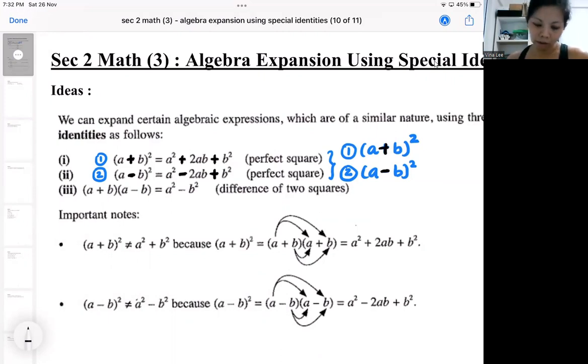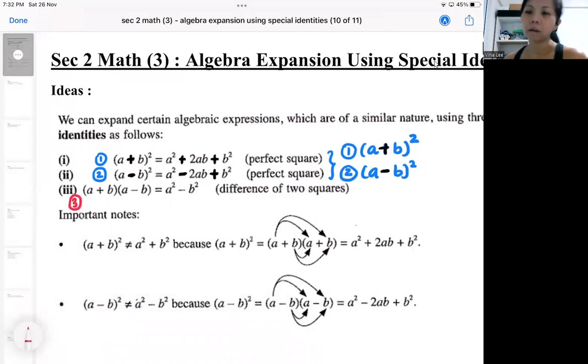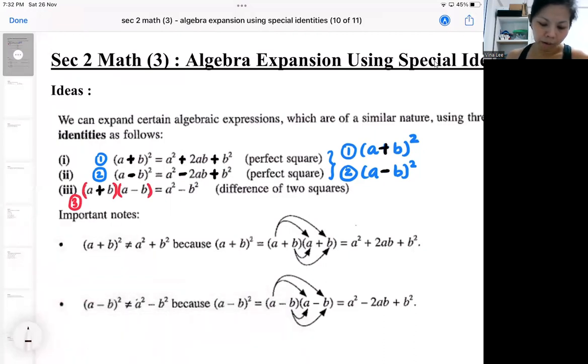Then the third formula will be for the difference of two squares. The third formula is usually the hardest. A lot of students wouldn't be able to apply this formula, maybe wouldn't even be able to identify this formula. For this difference of two squares, if you do not want to think so much, look at the brackets. The brackets are almost identical, except that there's a plus and a minus difference.